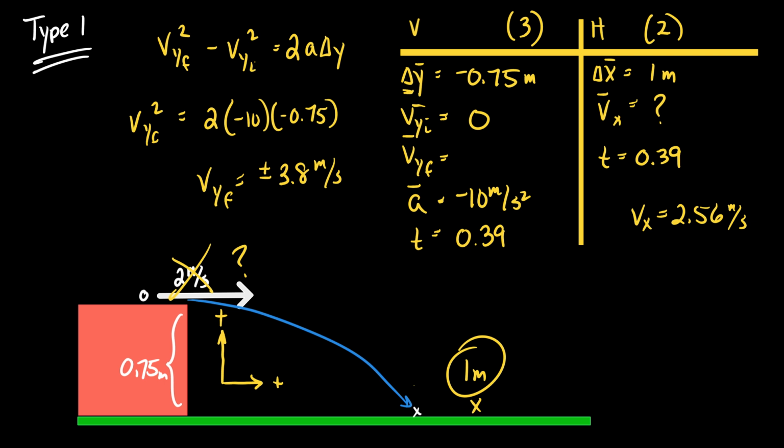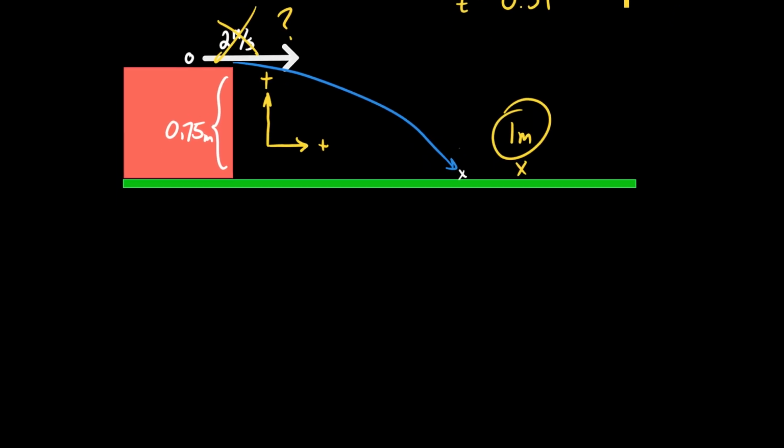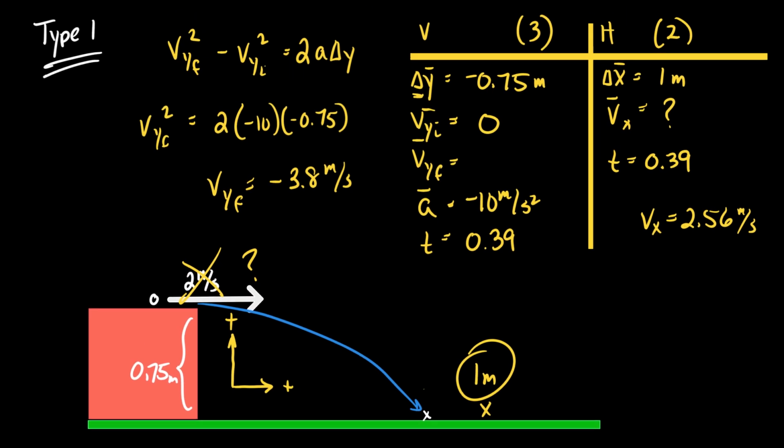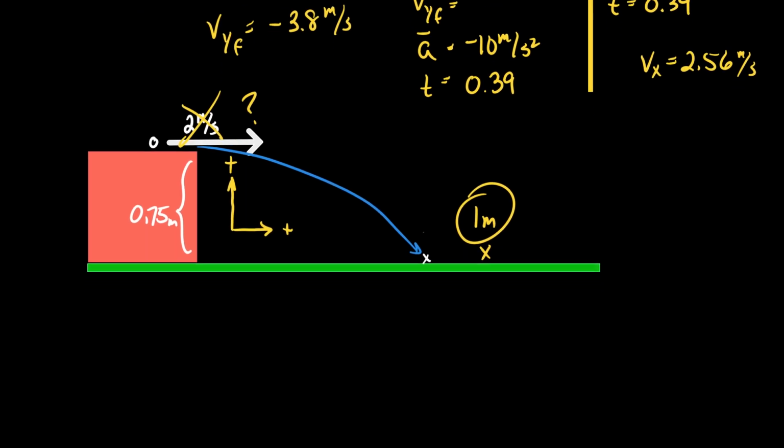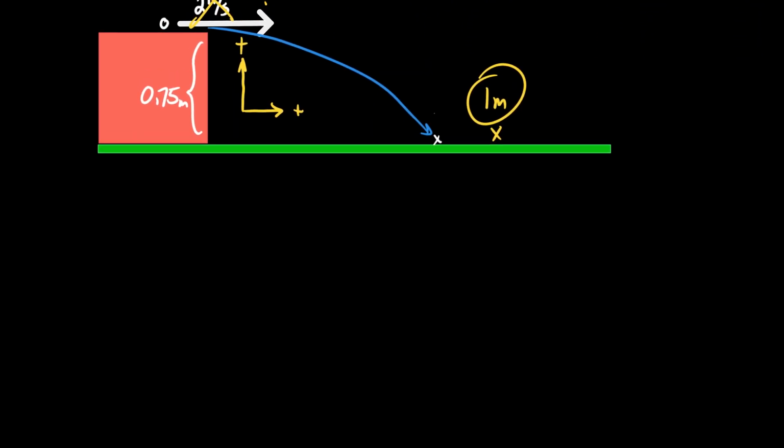Now, I'll remind you about something that we're supposed to also be studying at the same time, and that is vectors. Can I move on, or are you guys still working this out? Because I want to move on. That means at the moment it reaches the ground, it has two components of its velocity.